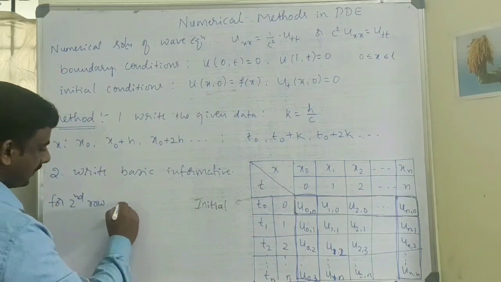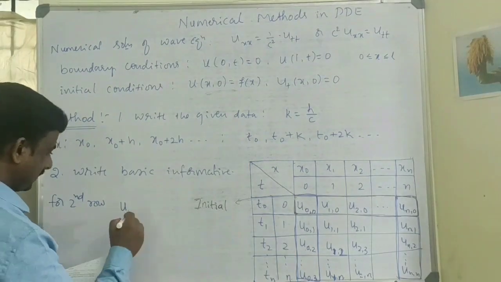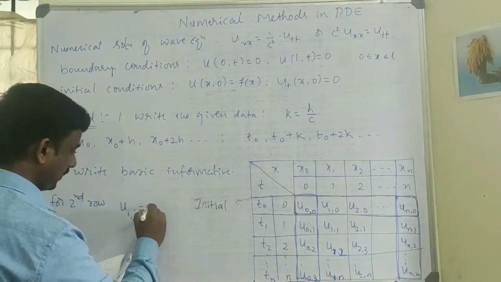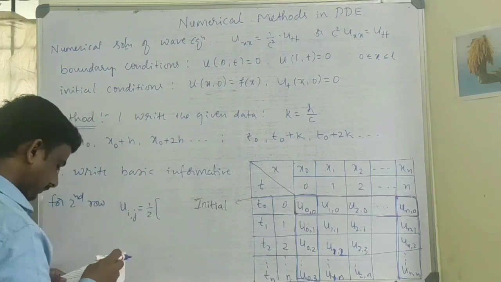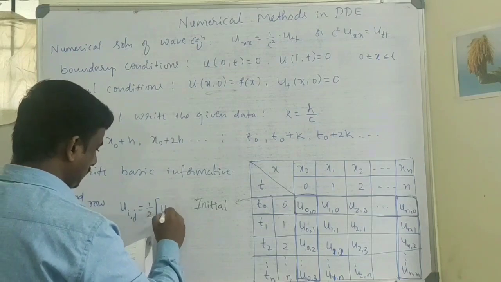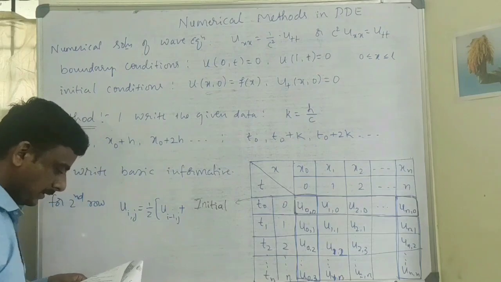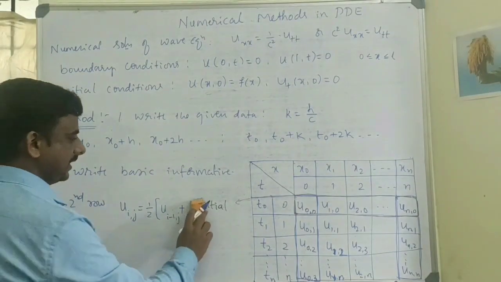use the formula u i,j equal to 1 by 2 times of u i minus 1,j plus u i plus 1,j.